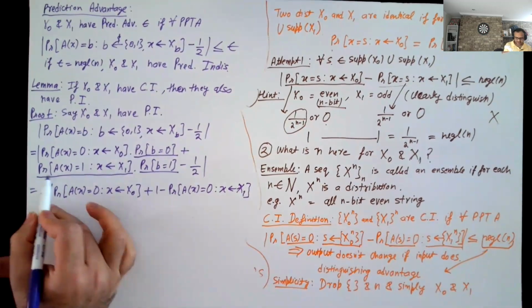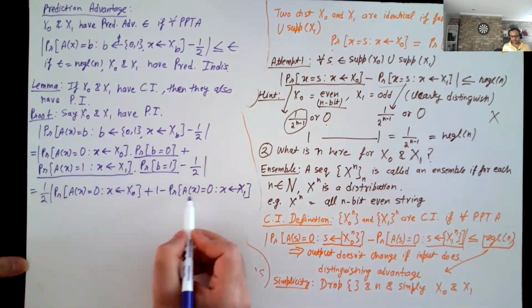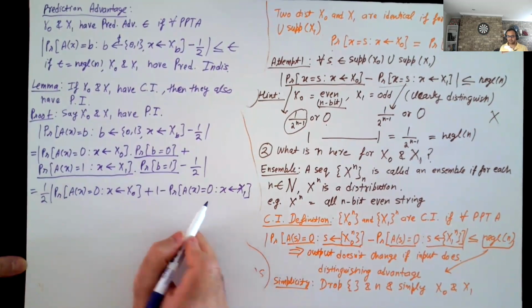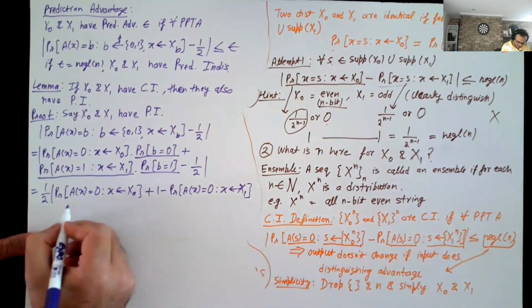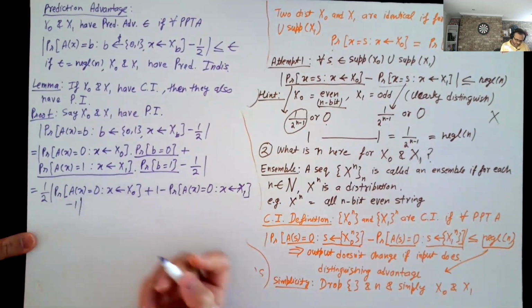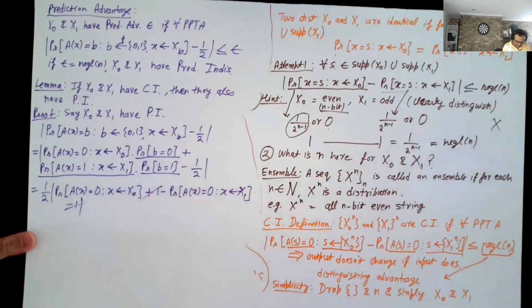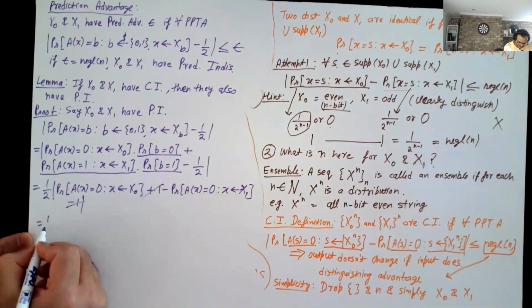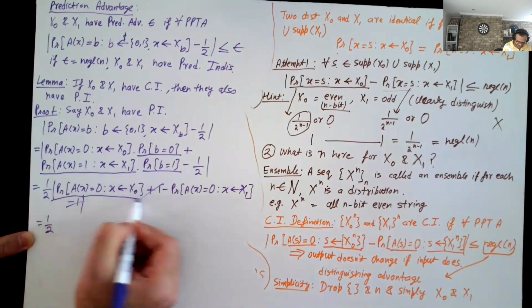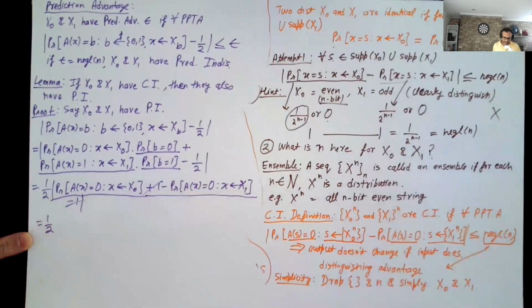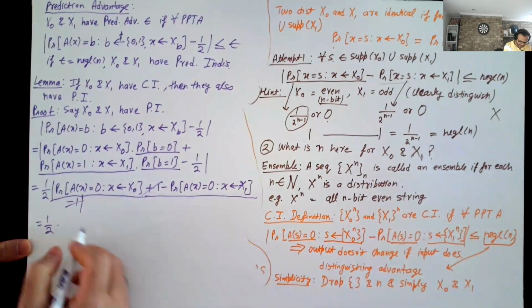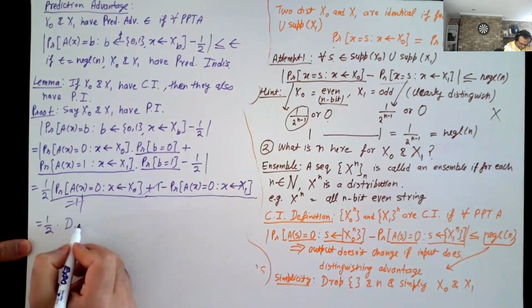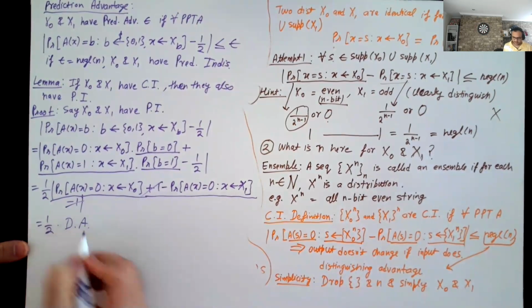What is the probability that A(X) equals 1? 1 minus the probability that A(X) equals 0, because the adversary is supposed to output either 0 or 1. Okay, and then minus 1. So this 1 and 1 will cancel out. And this expression is exactly the distinguishing advantage. So this is half times the distinguishing advantage. Okay?